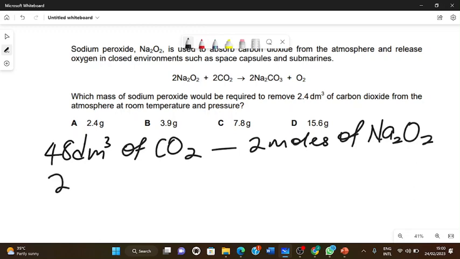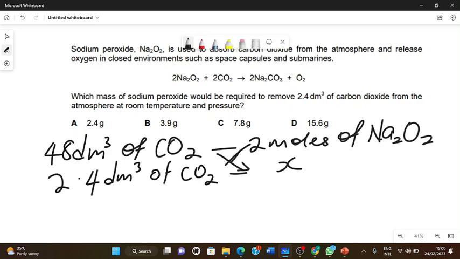Therefore, 2.4 dm3 of carbon dioxide will require what moles of sodium peroxide? So we'll put x here. Simple proportion, we'll cross multiply. So it will now be 2.4 times 2 divided by 48.